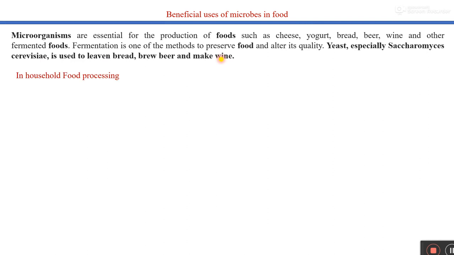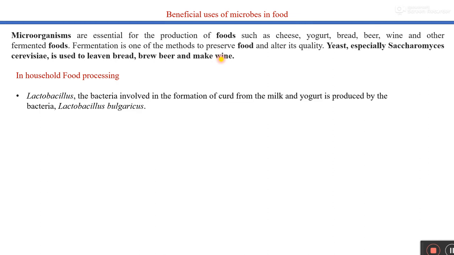So there are several foods which are generally developed by the use of different kinds of microbes in households, right? And what are those foods? Those foods are curd from milk, which is produced by fermentation through the bacteria known as lactobacillus, and yogurt, which is generally produced by the bacteria lactobacillus bulgaricus.